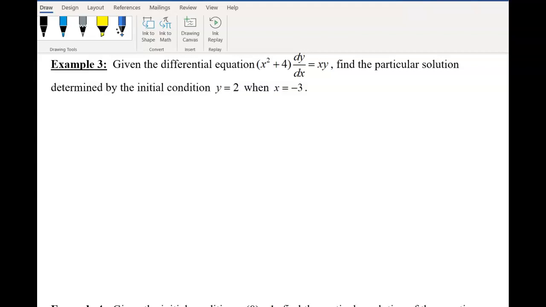I like to manipulate my equation and say, if I divide by y, I have 1 over y dy. Then I multiply by dx.